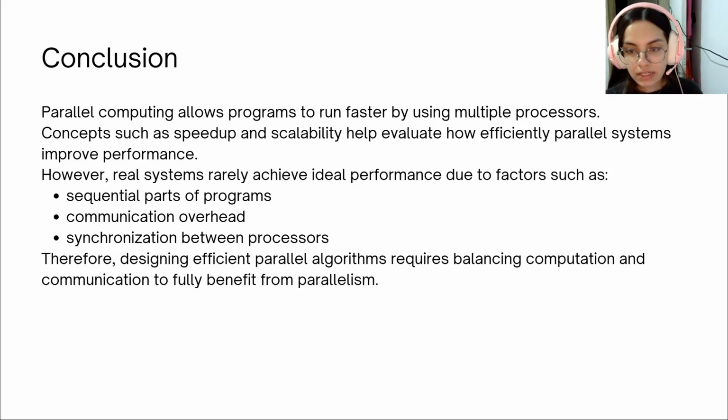However, real systems rarely achieve ideal performance due to factors such as sequential parts of programs, communication overhead, and synchronization between processors. Therefore, designing efficient parallel algorithms requires balancing computation and communication to fully benefit from parallelism.